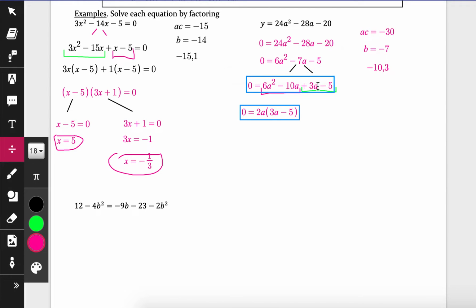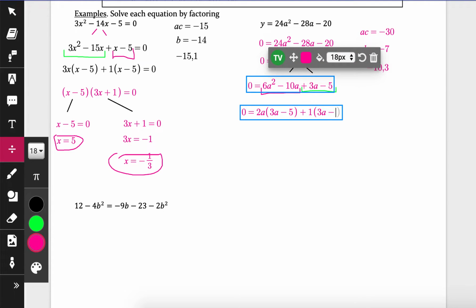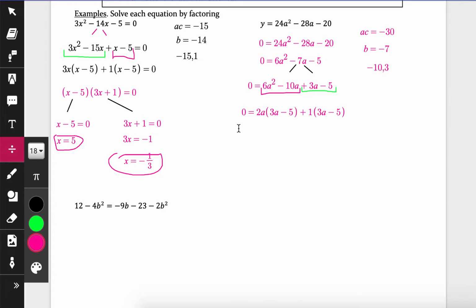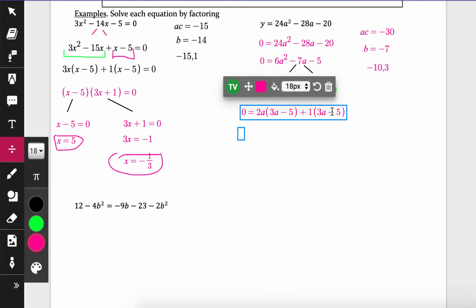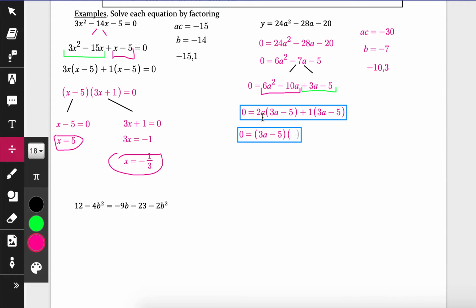Out of these two, there's nothing in common, so I'm going to be stuck just factoring a 1 out again. And what I'm left with, of course, is exactly what's here, 3a minus 5. We know that we've done something right because we have this identical factor of 3a minus 5, so I'm going to pull that out and see that I'm left with 2a plus 1.